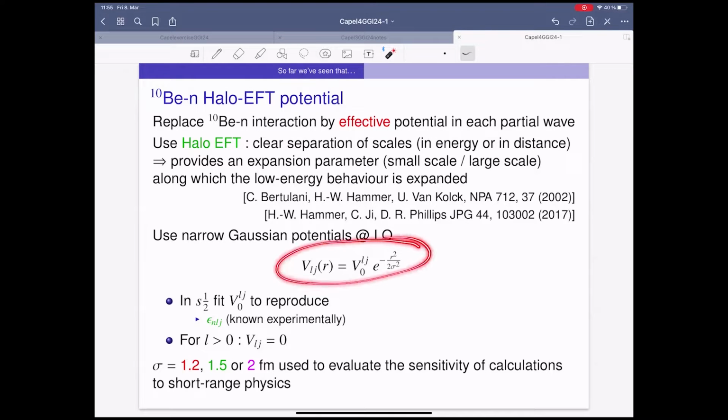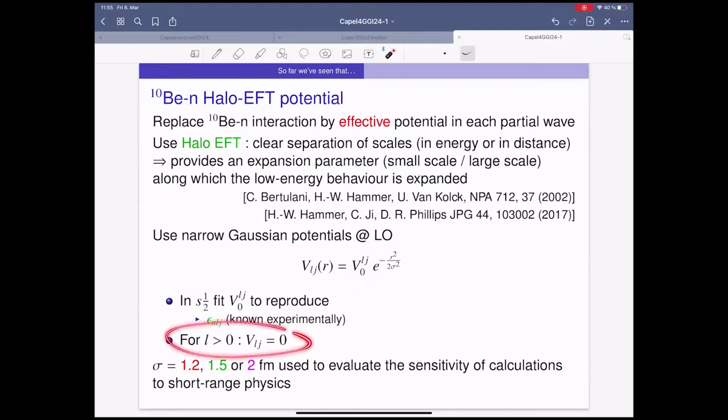So we use a Gaussian instead of the contact term. Okay, so at leading order, that's what you have, and there is only one parameter, the depth of the potential. You fit it in the S wave because that's the leading one, and you fit the binding energy, which is usually known experimentally. That's the first thing that we need, if you remember the ordering that I mentioned before.